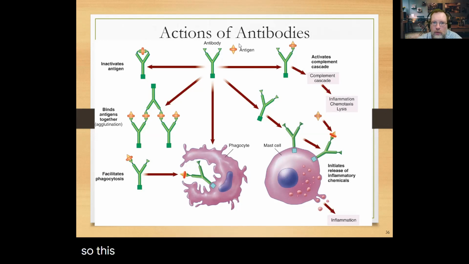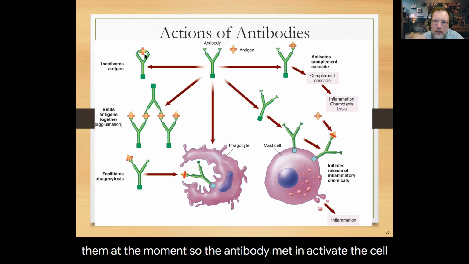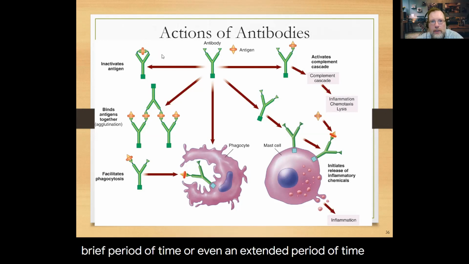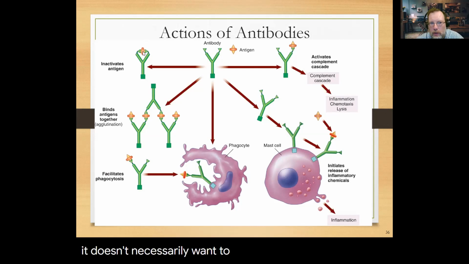This could be a chemical or a cell that produces or releases chemicals that we need, but we don't need them at the moment. So the antibody may inactivate the antigen, thus inactivating the cell for a brief period of time or even an extended period of time. It doesn't necessarily want to destroy it. It just wants to inactivate it.